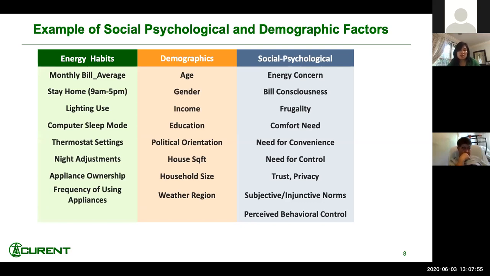And demographics influence people's perception and behavior, especially with more and more research on political orientation related to climate change issues. And where you live, for example, Tennessee has very cheap electricity prices. That could be one of the factors of why we consume more energy, in addition to weather issues.